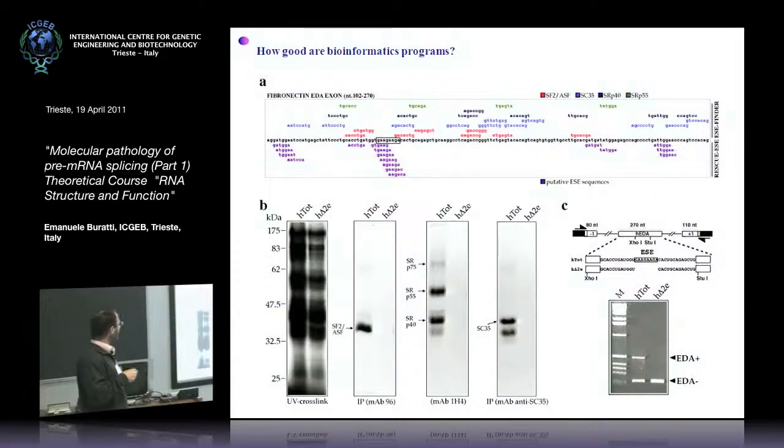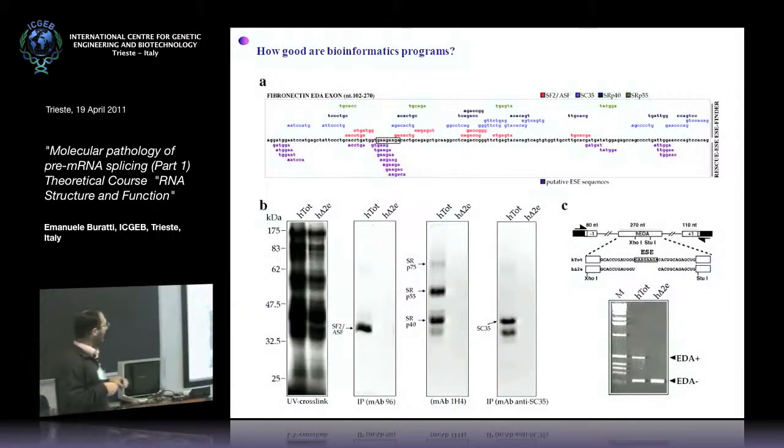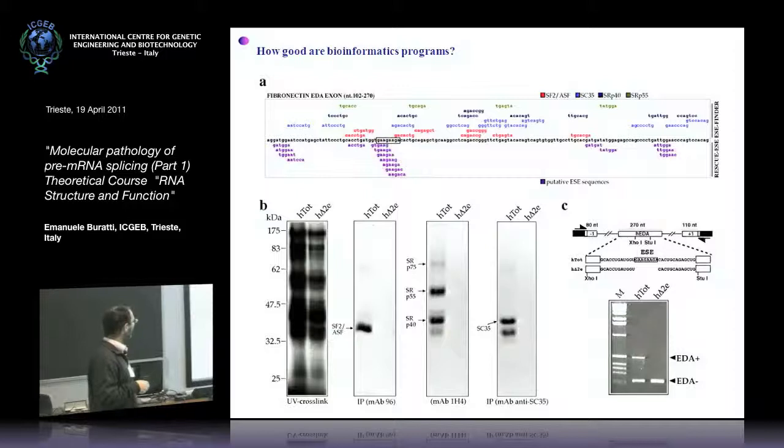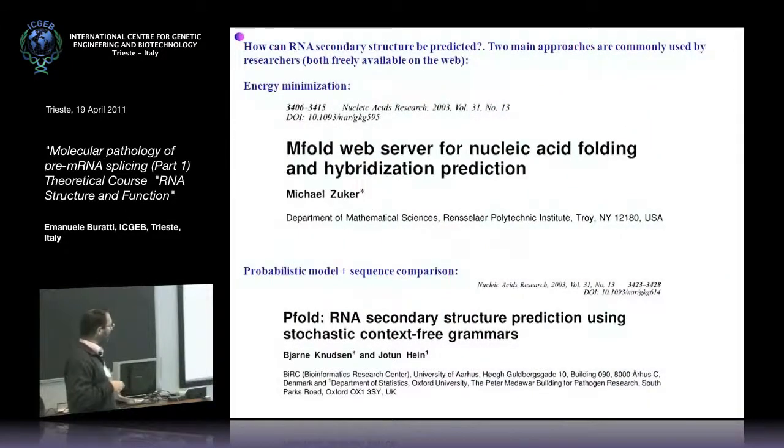So there is still a long way to go, but at least if you have a huge number of mutations and you want to prioritize which mutations you are going to look at in a MiniGene setting or directly in the patients, then these approaches are, you know, quite useful.